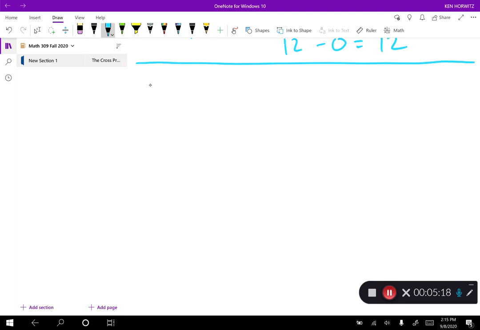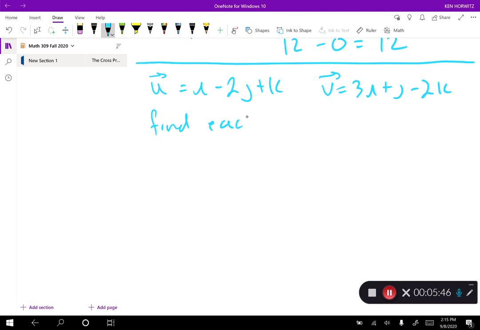If I have vector u equals i minus 2j plus k, and vector v equals 3i plus j minus 2k, find each cross product.